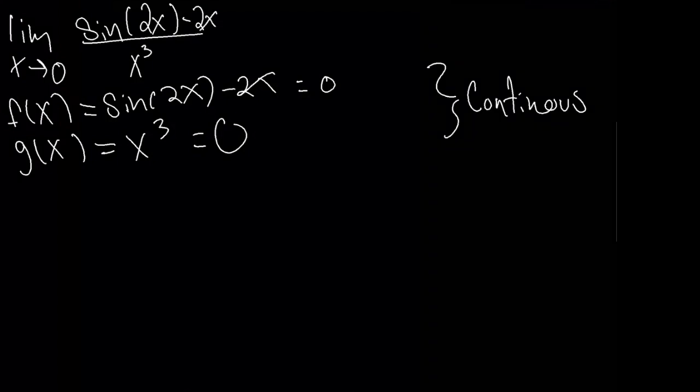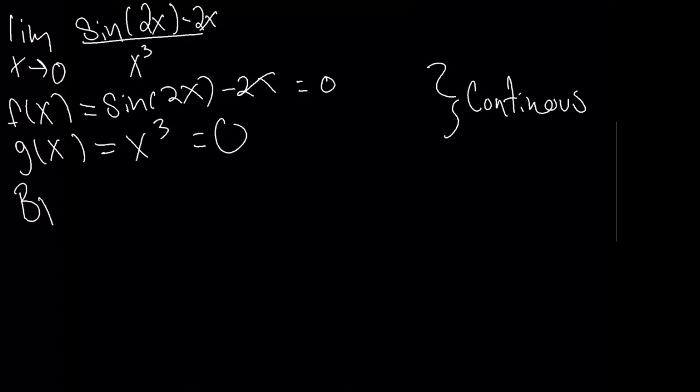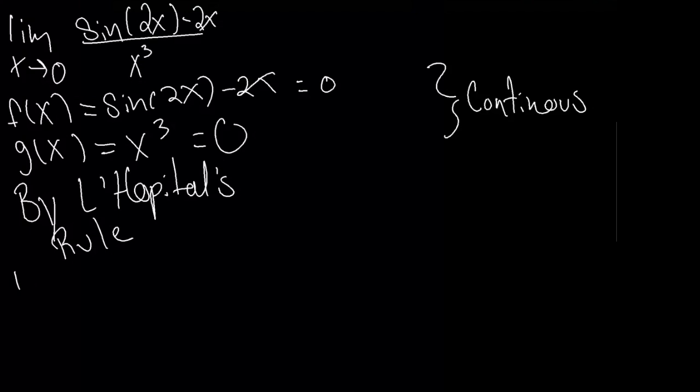Now we can use L'Hopital's rule, right? So we can state by L'Hopital's rule, we have the limit as x approaches 0 of sine of 2x minus 2x over x cubed, right?